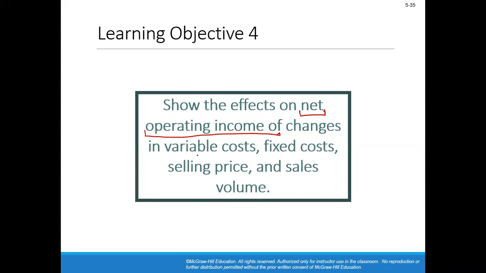By changing the value of one particular variable in your calculation, say, if we change only the variable cost per unit, while fixed cost, selling price and sales volume remain constant, it's a kind of sensitivity analysis. Again, if you keep the variable cost constant and only change the fixed cost, with other things the same, and you want to see the response of net operating income to changes in fixed cost, this kind of analysis is also sensitivity analysis.